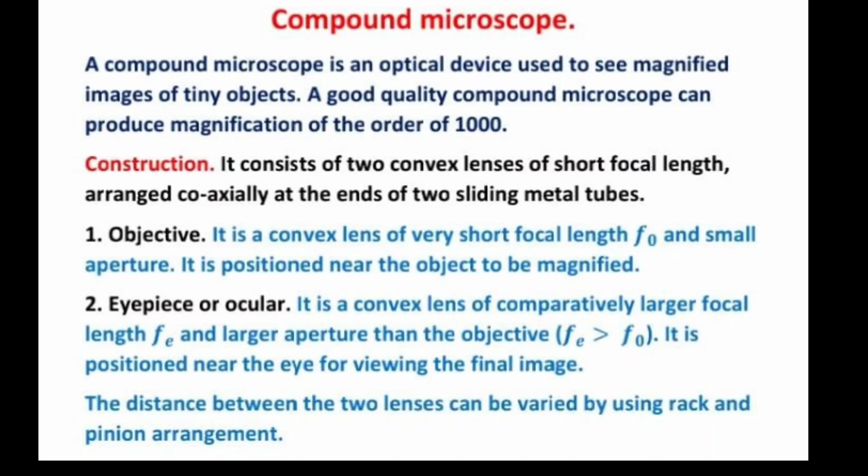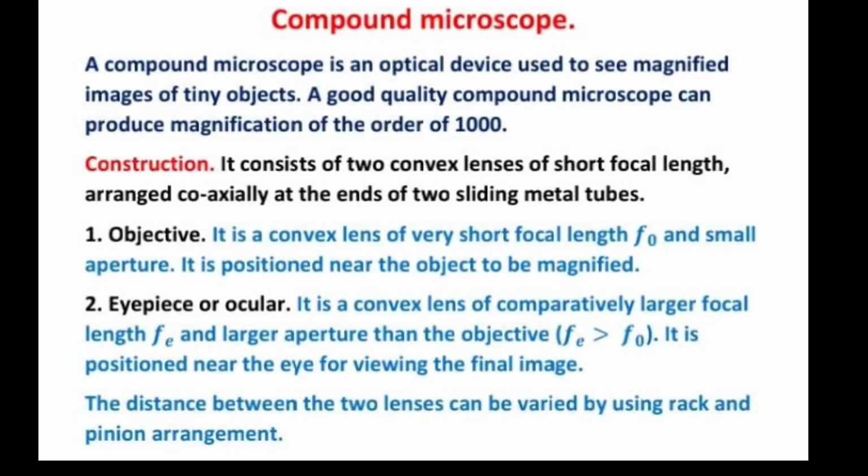It consists of two convex lenses of short focal length, and one is known as the objective, another one is known as the eyepiece. Objective is positioned near the object to be magnified, and this convex lens, which is named the objective, is of very short focal length and having small aperture, and we give a symbol f0 to the focal length of the objective.